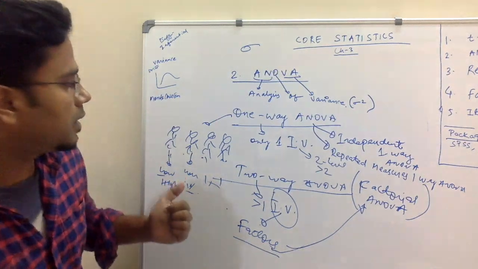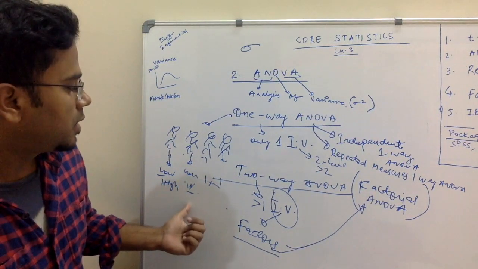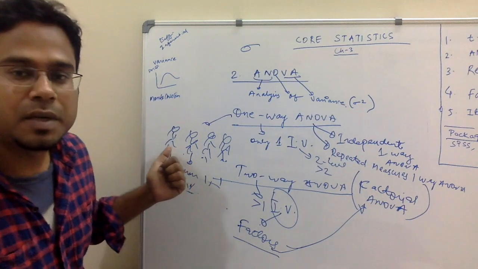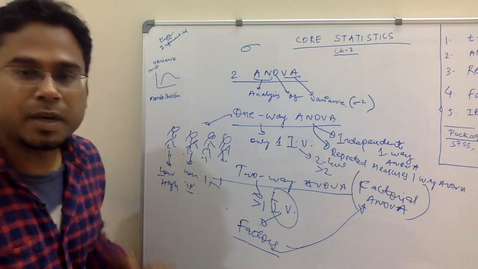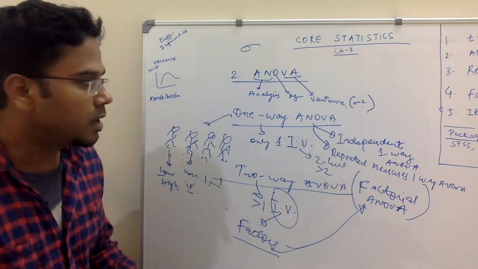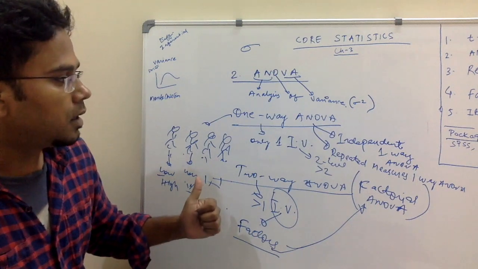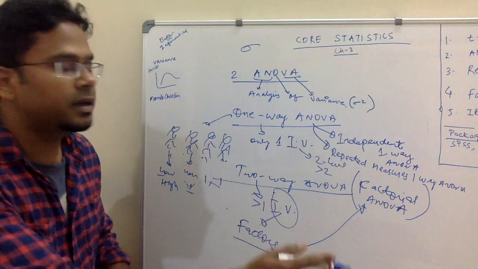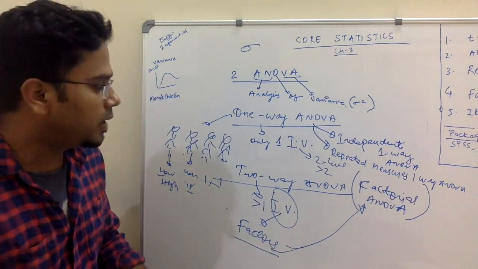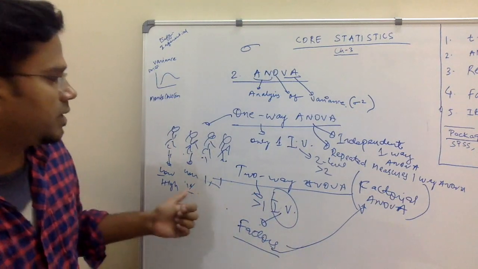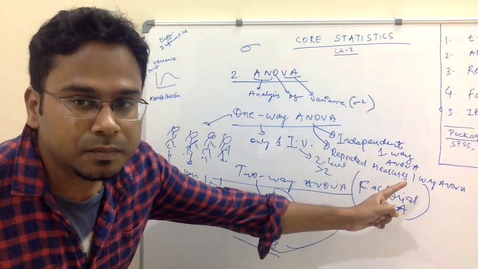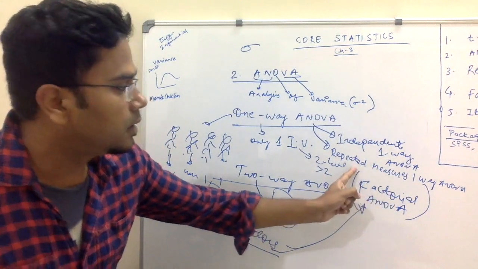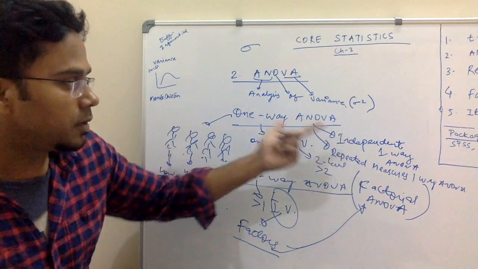But in repeated measures, every participant goes through each level of that independent variable. Similarly, in factorial ANOVA, we also have independent factorial ANOVA, which is also called single measures. When this is called repeated measures, then this can also be called single measure.